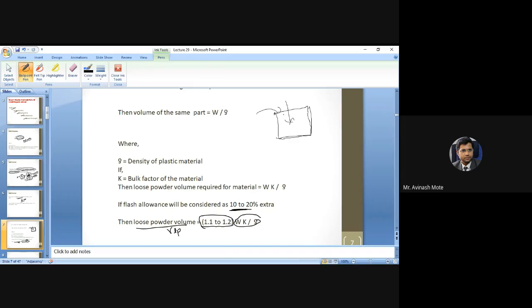To compensate for each and every gap, we need 10 to 20% extra material, which will compensate for any gap or void. So the bulk factor is always multiplied by this 1.1 or 1.2 factor, because we need this extra material to compensate for extra compression or pressure variation.